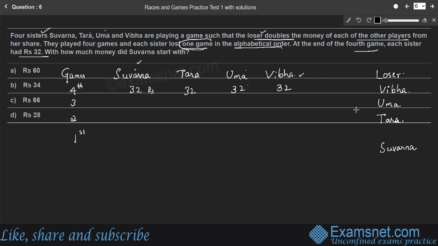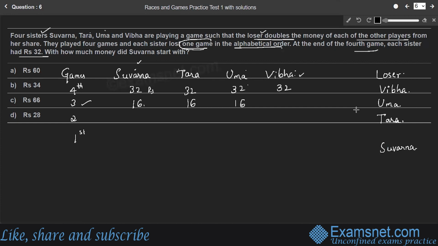Therefore, the money with Suvarna in the 3rd game was 16 rupees, so in the 4th game Vibha doubles Suvarna's money and it becomes 32 rupees. With Tara also it was 16 rupees, and with Uma also it was 16 rupees.